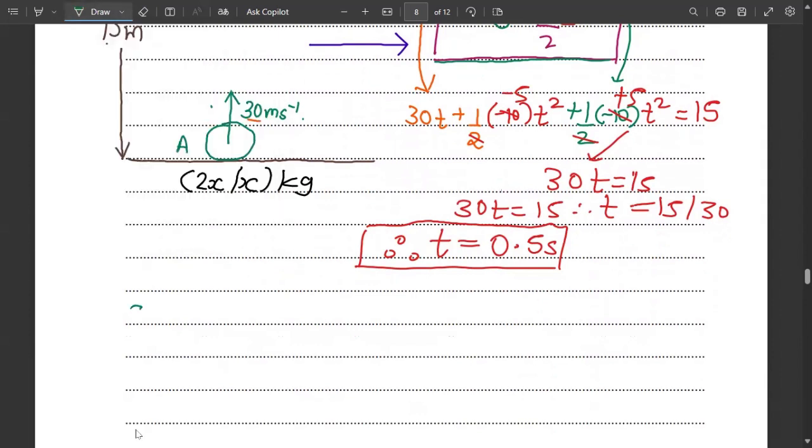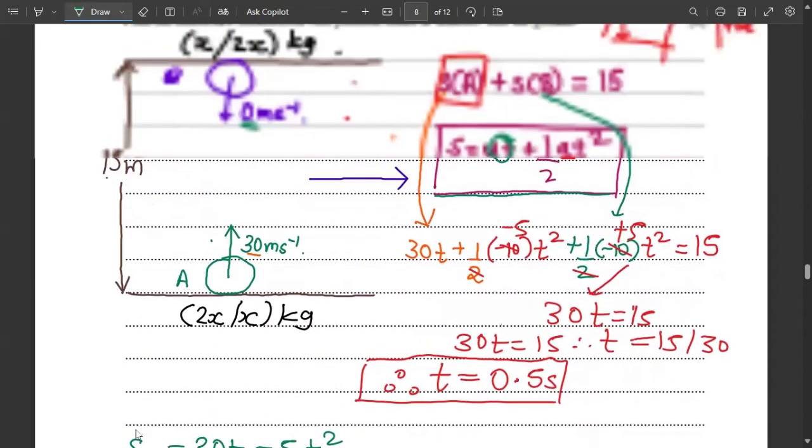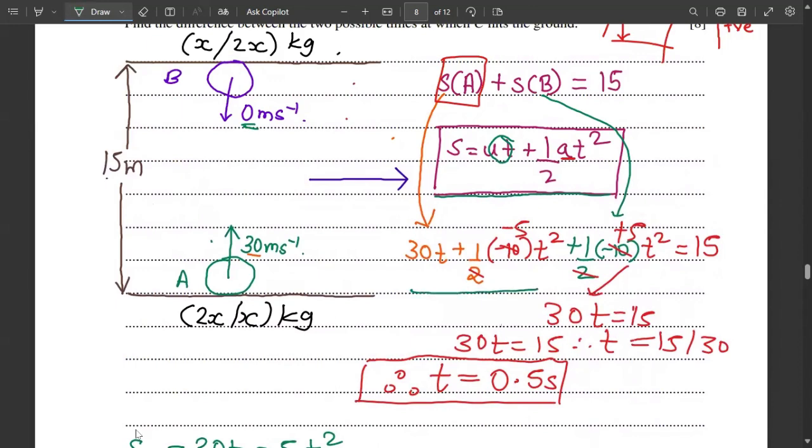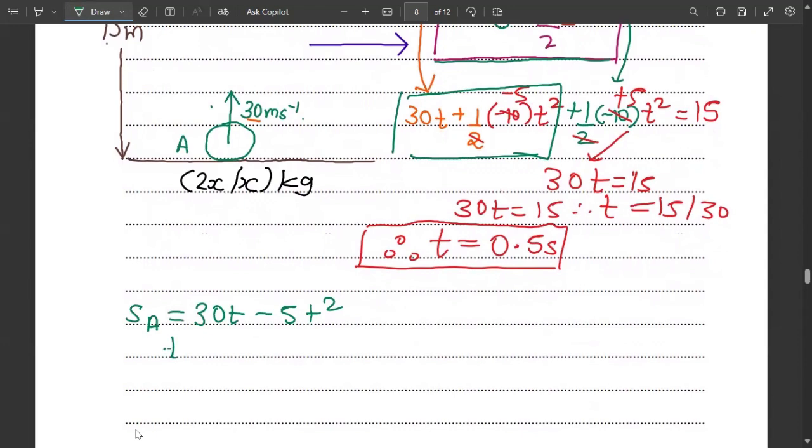We can again write displacement of A equals 30t minus 5t square. And we can put t as 0.5 seconds. Therefore, displacement of A is equal to 30 into 0.5 minus 5 into 0.5 the whole square.